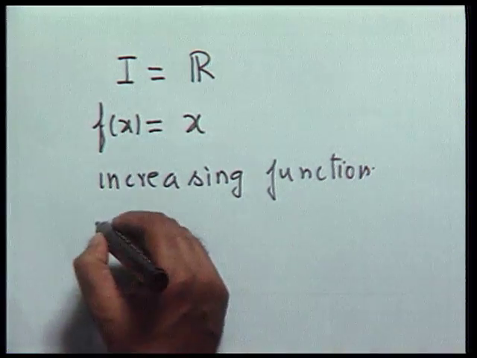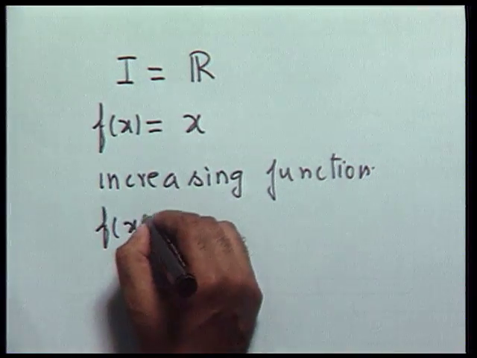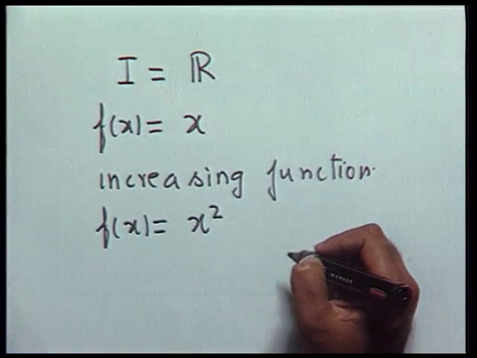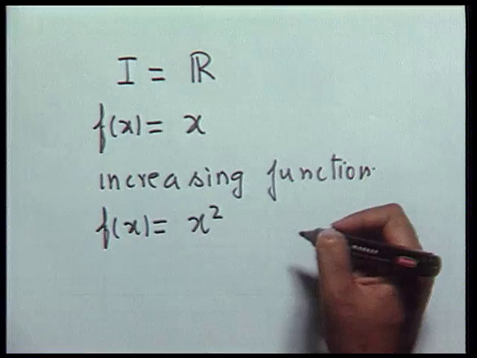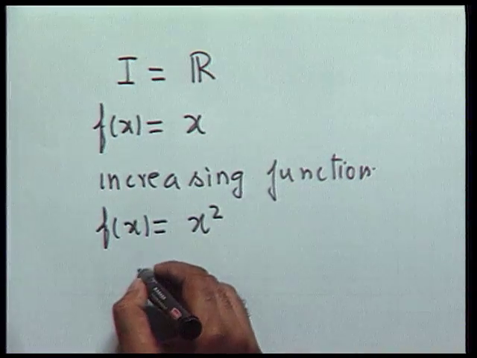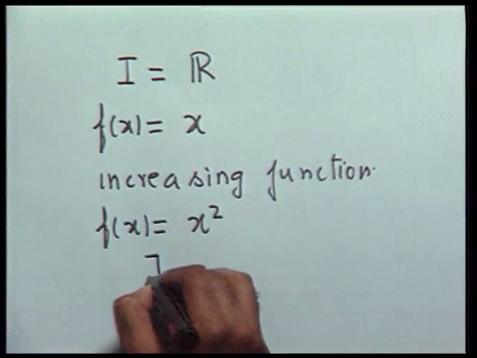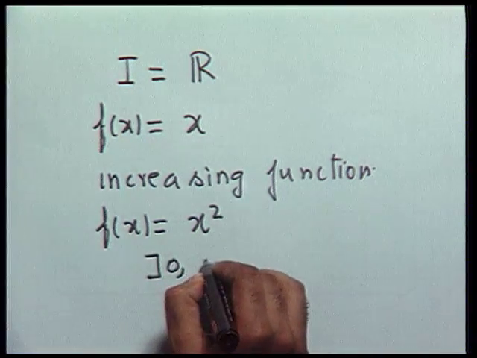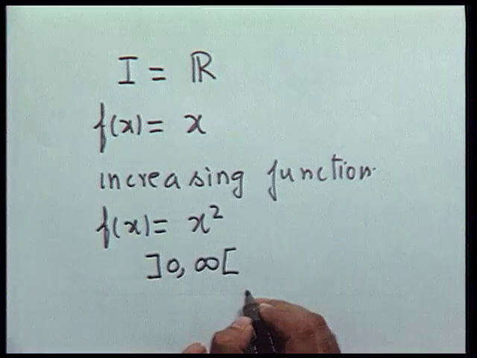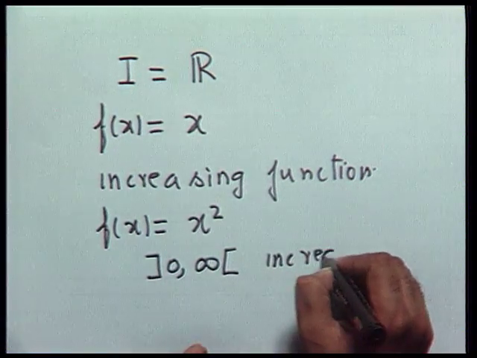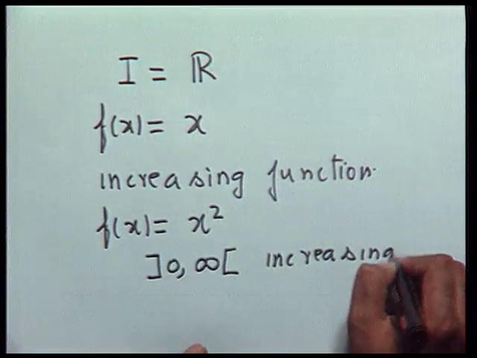Let us take f(x) equal to x square. What happens now? Well, you can check for yourself that if I take the domain to be this open interval 0 to infinity, then this is going to be an increasing function. This is simple algebraic manipulation.